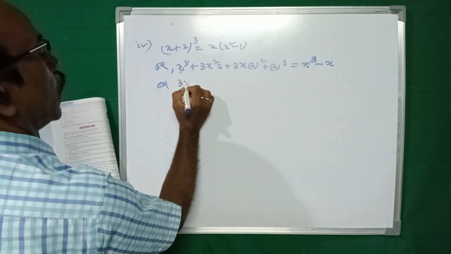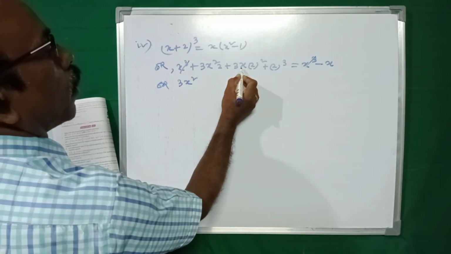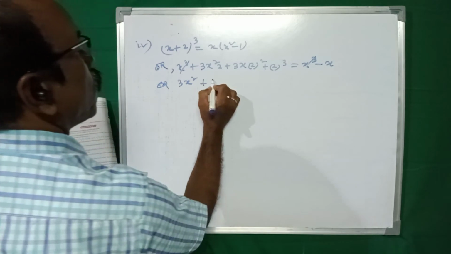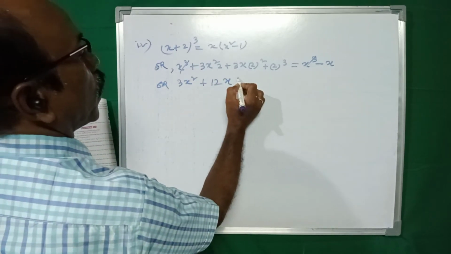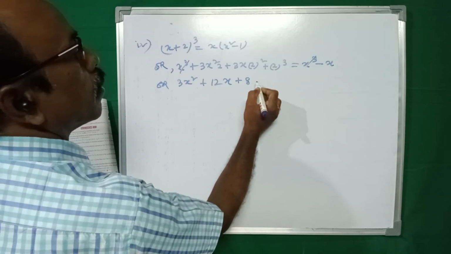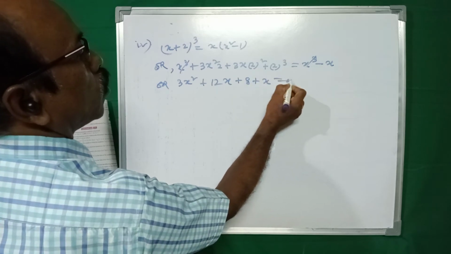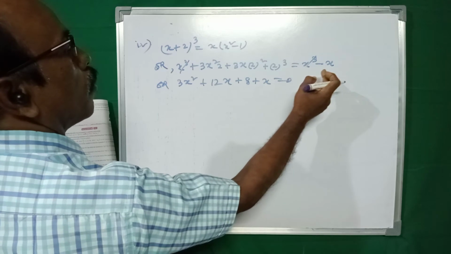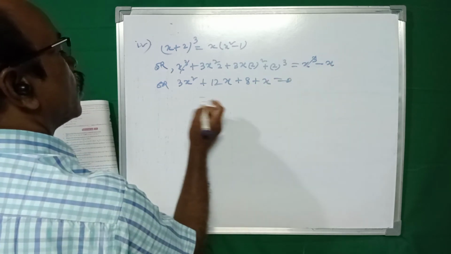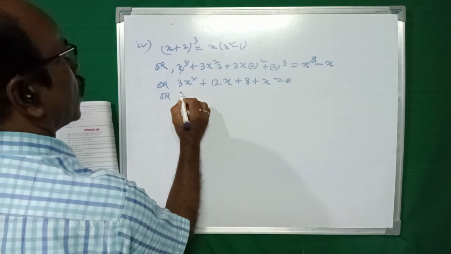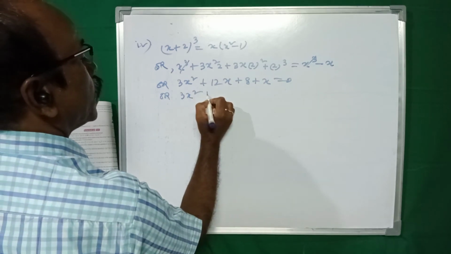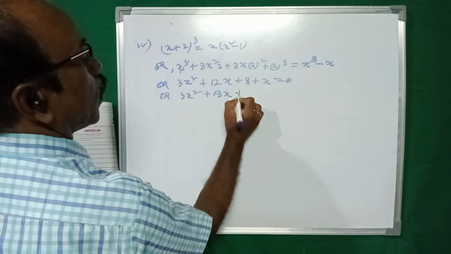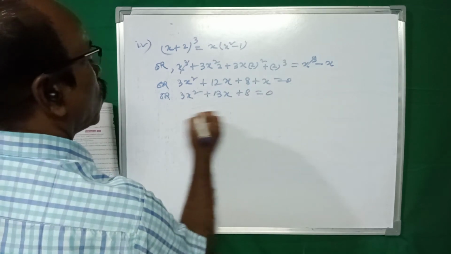Now 3x square plus 12x plus 8 plus x is equal to 0, or 3x square plus 13x plus 8 is equal to 0.